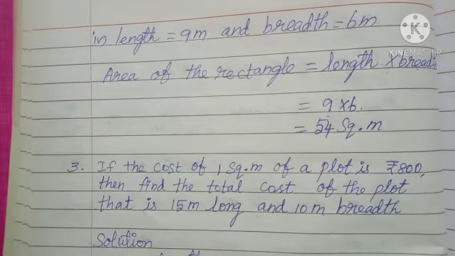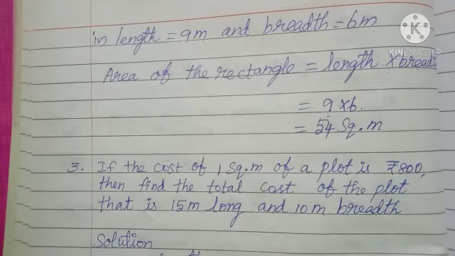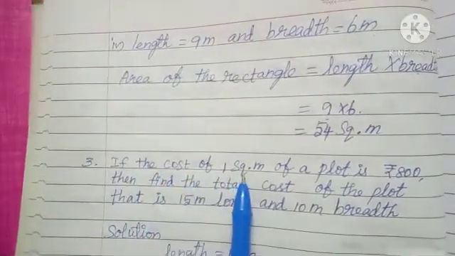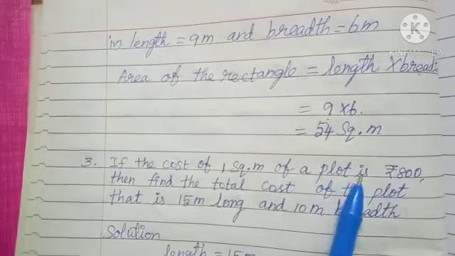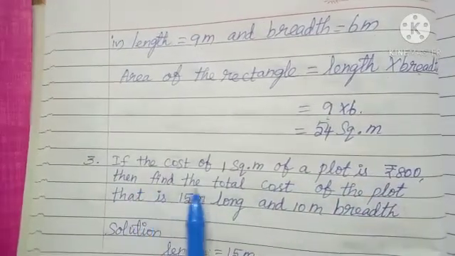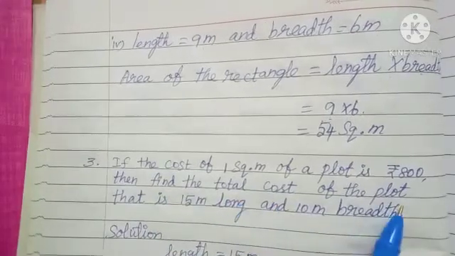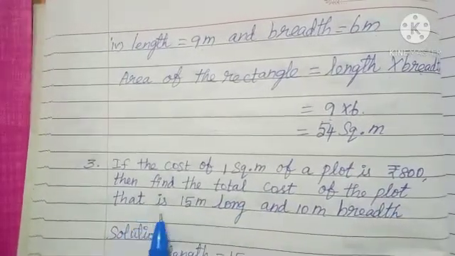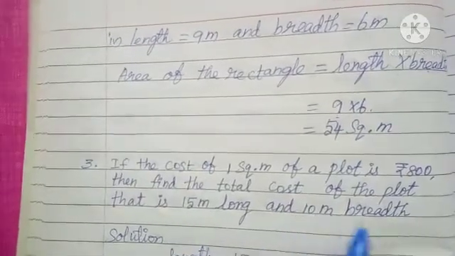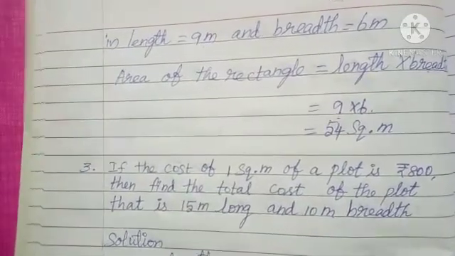Next one, word problem, third sum. If the cost of 1 square meter of a plot is 800 rupees, then find the total cost of the plot that is 15 meter long and 10 meter broad.